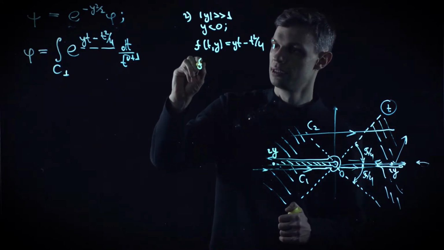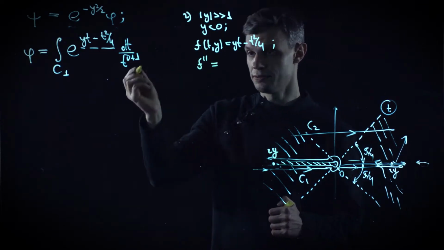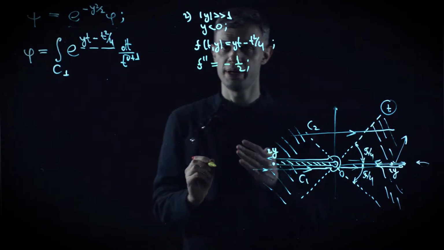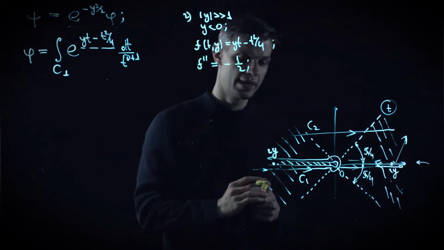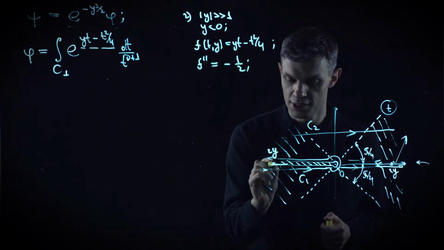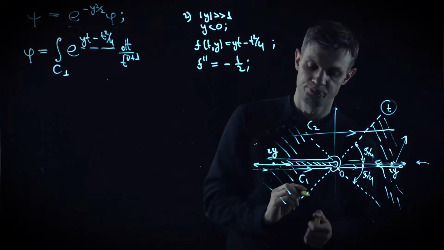As you remember, the second derivative, the one which defines the steepest descent direction, is independent of the sign of y. So again, the argument is pi, and the steepest descent direction is a horizontal direction.